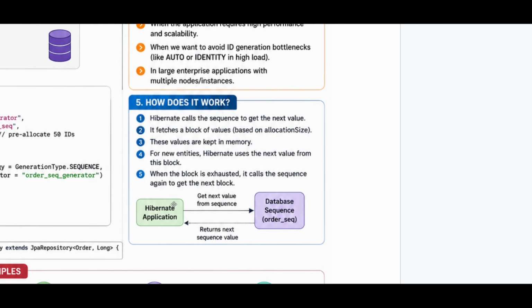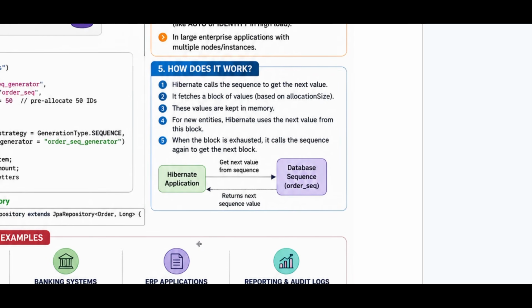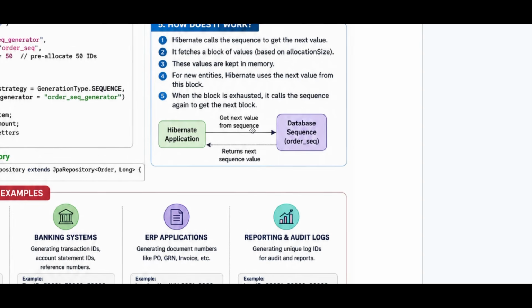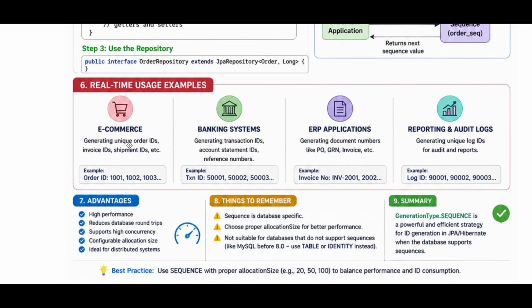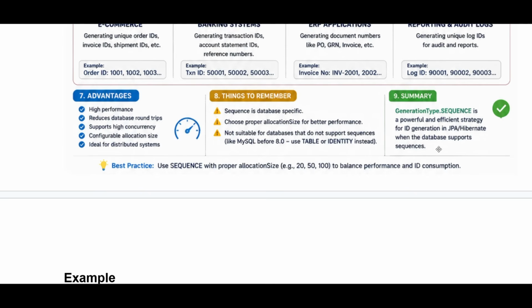And how does it work? The Hibernate application goes to the database sequence, gets the next value, and it returns the next sequence value. Hibernate calls the sequence for the next value and automatically generates it. In real-world applications you can use this in e-commerce, banking, reporting and audit applications.